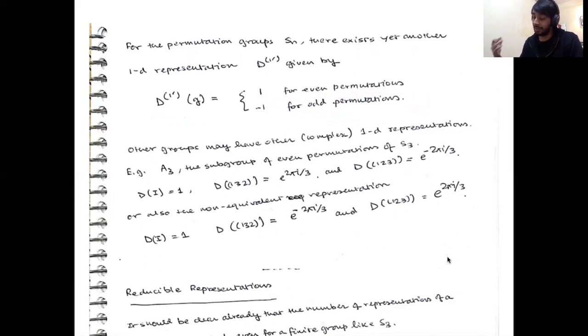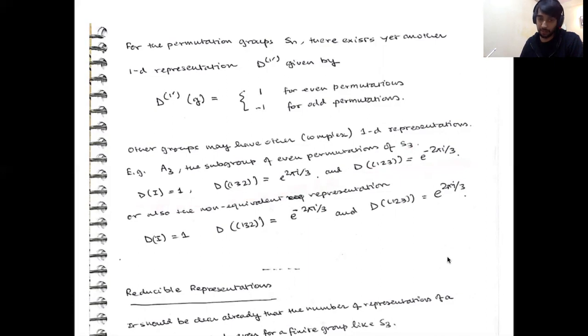This is something that you can see. And there could be other groups which have other complex one-dimensional representations. A3, for example, which is the subgroup of the even permutations of S3, could have some particular representation that I highlight out here.